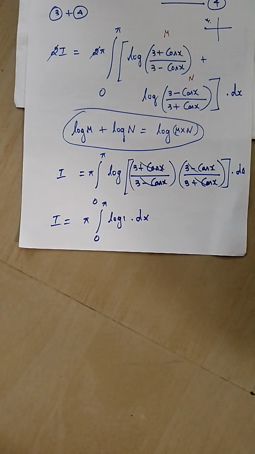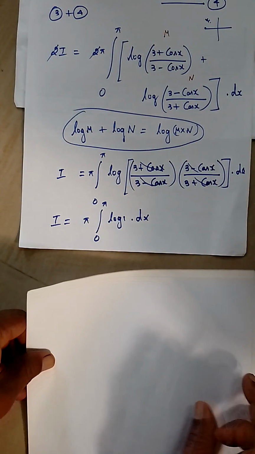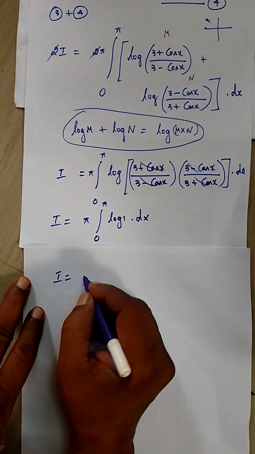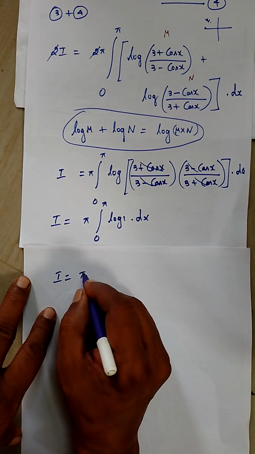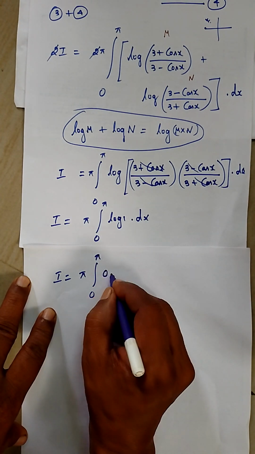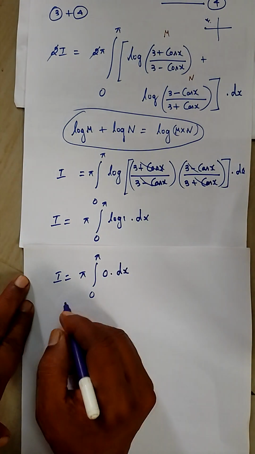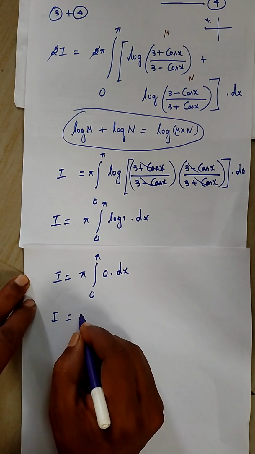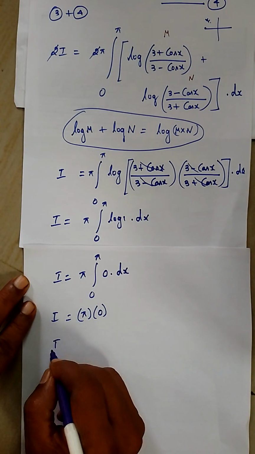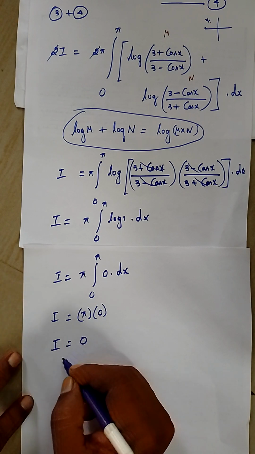So we know that log 1 is 0. So I is equal to pi integral 0 to pi of 0 dx. That is, I is equal to pi into 0, so I is equal to 0. Now what is I?